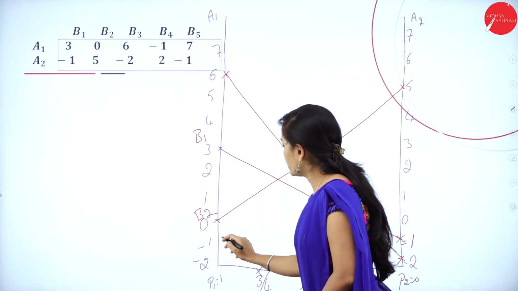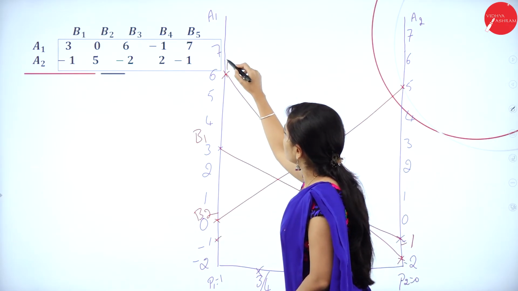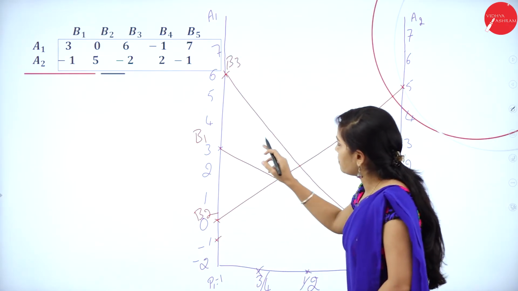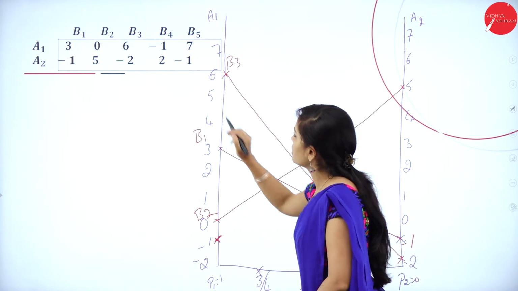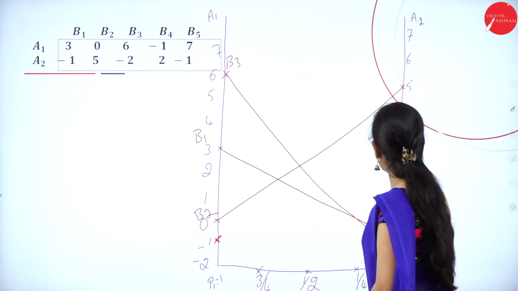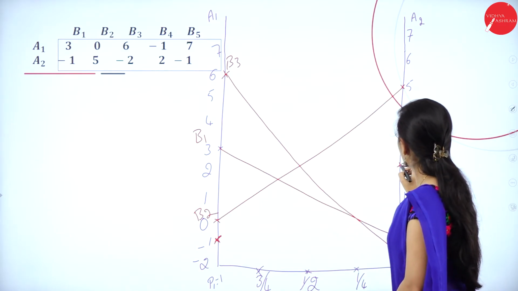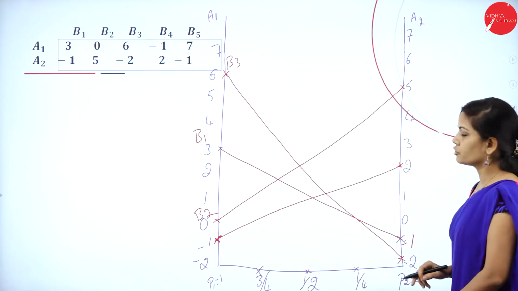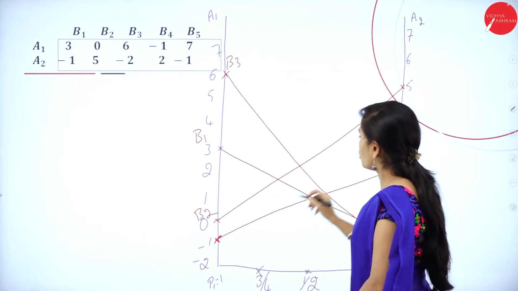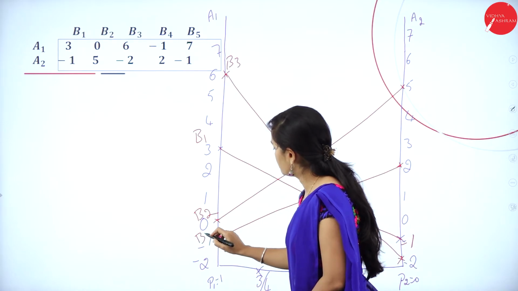So -1, this is B3 and B4 is -1. This point is -1 and 2. Join these two lines now, -1 and 2. And this is called B4.